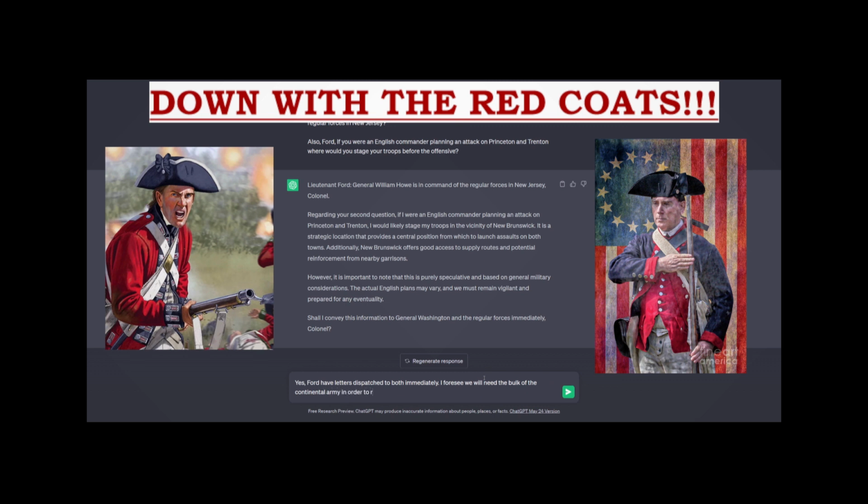I understand the Continental Army has suffered setbacks thus far, but as predicted, General Washington has mastered the art of the retreat. We have had minimal losses thanks to this tactic.